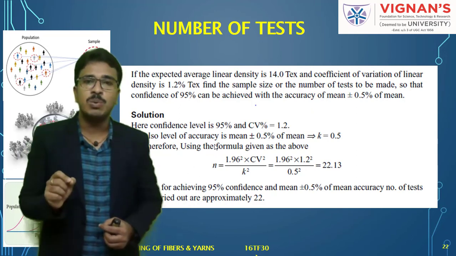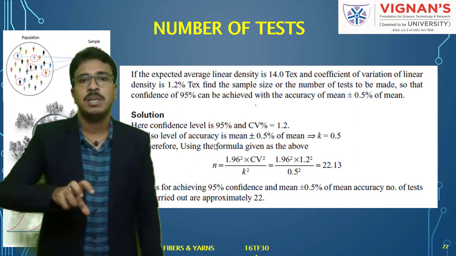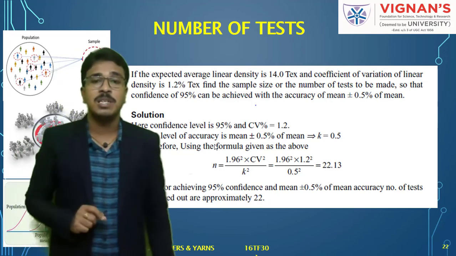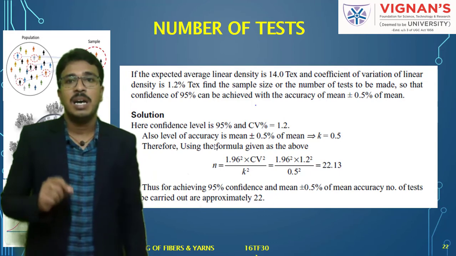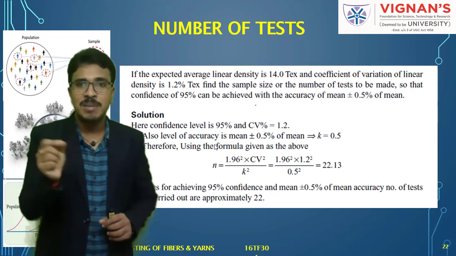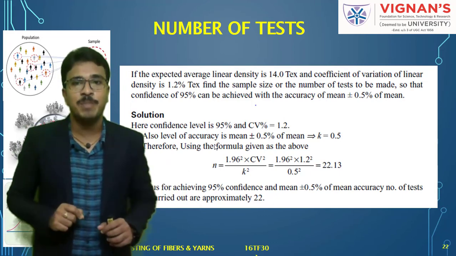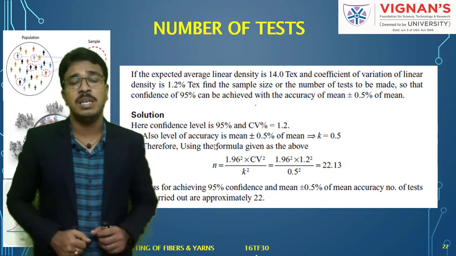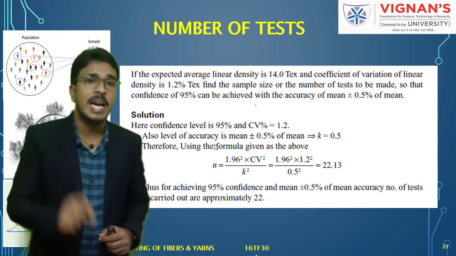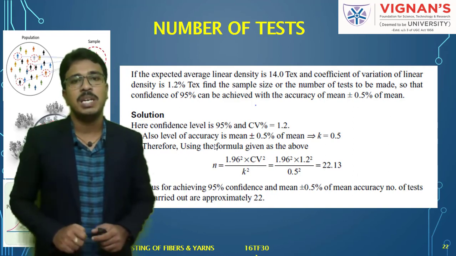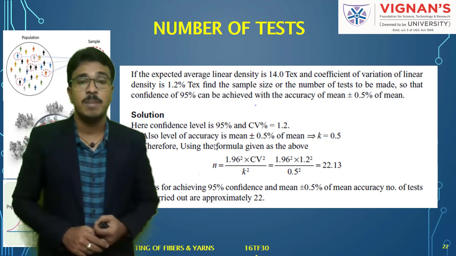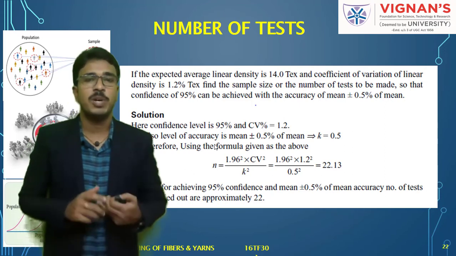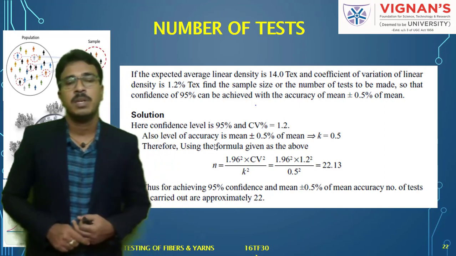From this 22, what you can infer is that for achieving 95% confidence and a mean accuracy of plus or minus 0.5 percentage of mean, the number of tests to be carried out is approximately 22. Do you understand? Hope you understand this problem.